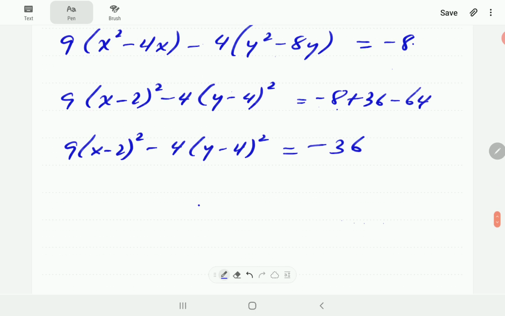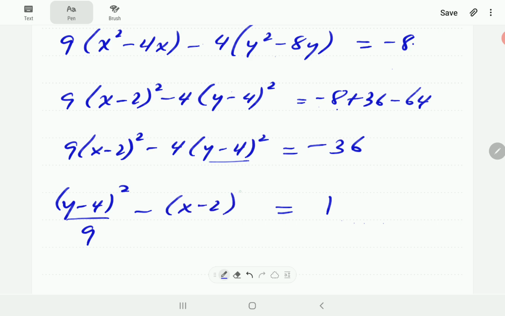So what it means is we're going to have to divide by negative 36 on both sides. So this side becomes 1. This term becomes a positive. So y minus 4 all squared divided by 9. And then this one becomes negative x minus 2 all squared all divided by 4.